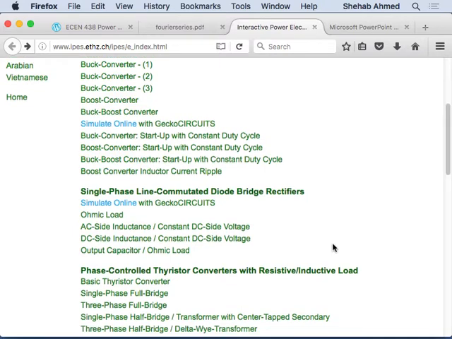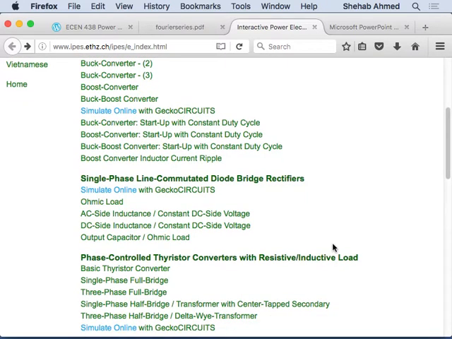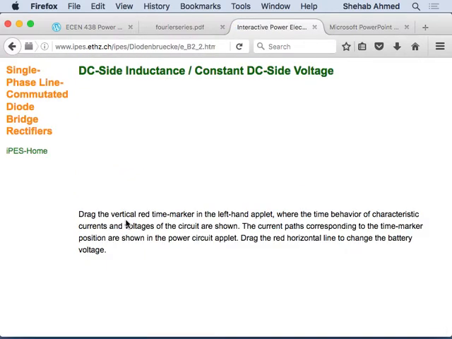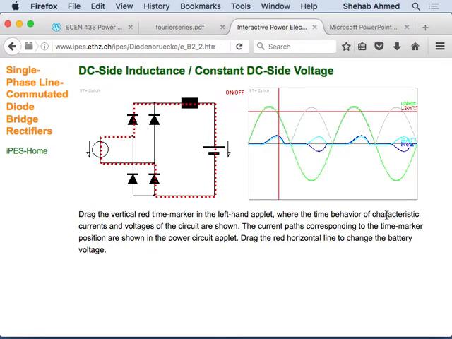But they also have the standard circuits simulated for you. So we're talking here about the full bridge, single phase diode bridge rectifier with a DC side inductance and DC side voltage.